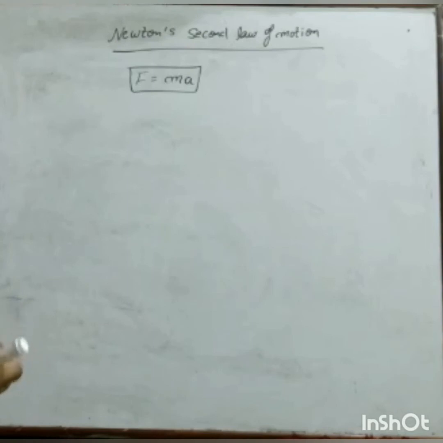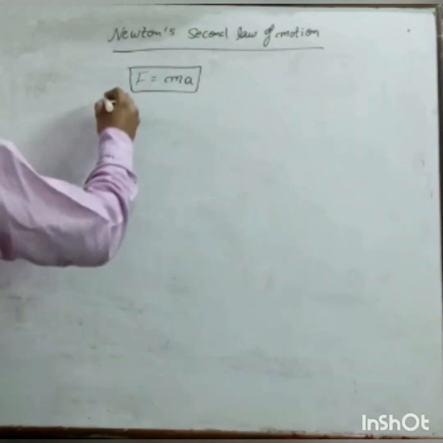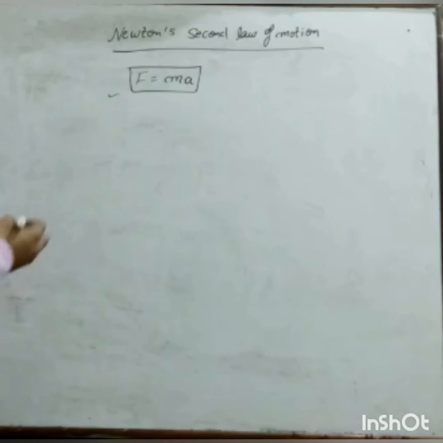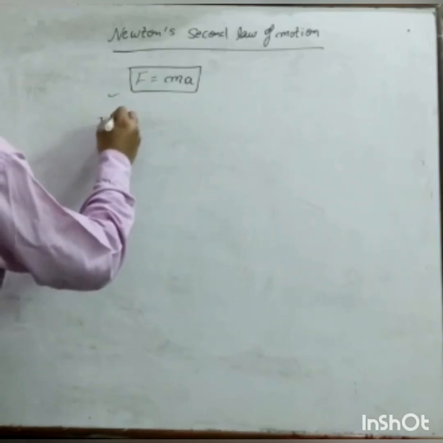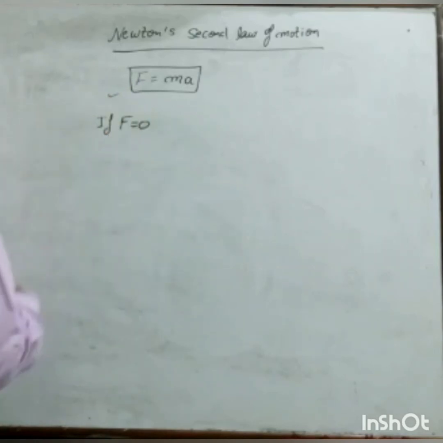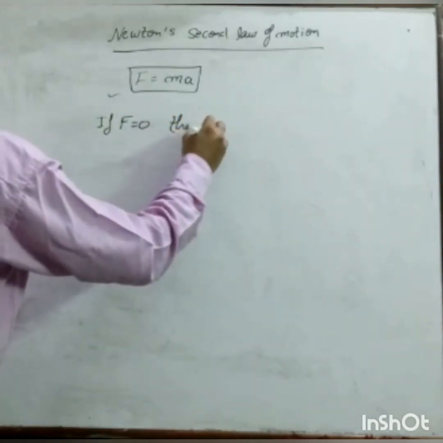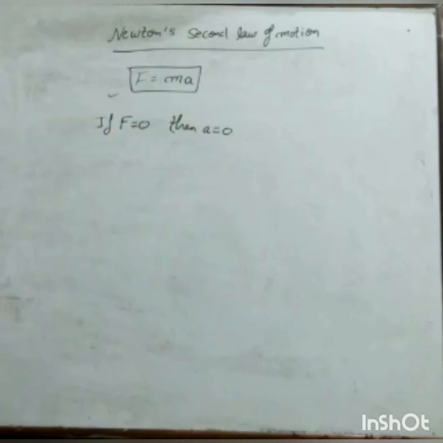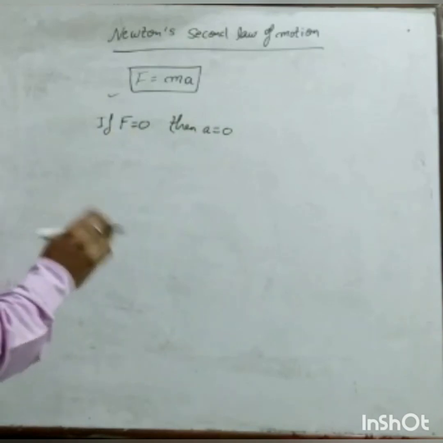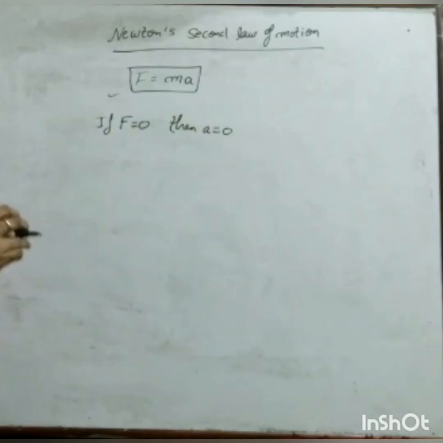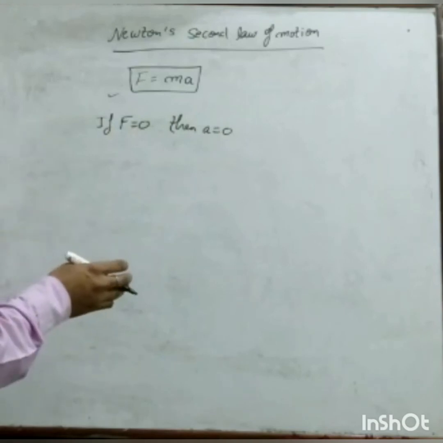Now, to obtain Newton's first law of motion from the second law of motion. How? From Newton's second law, F is equal to ma. If F is equal to 0, then a is also equal to 0. This means that if no force is applied on the body, its acceleration will be 0.